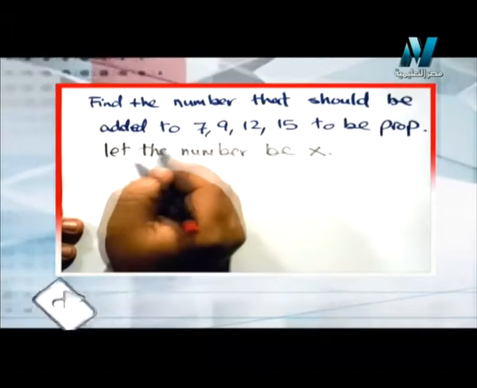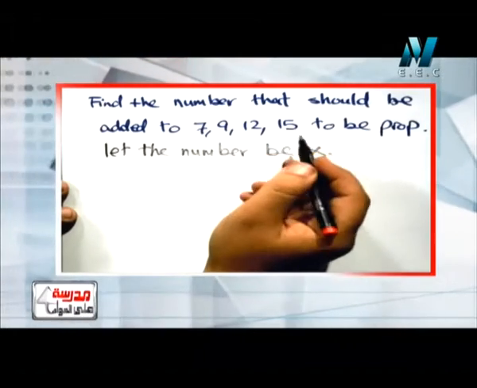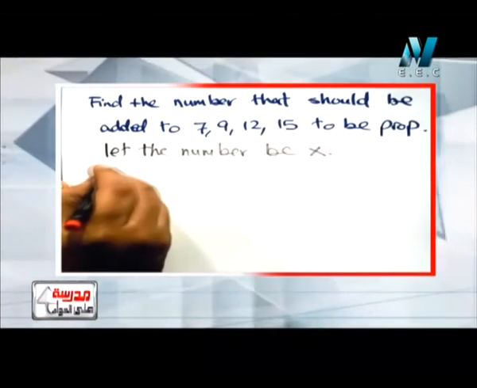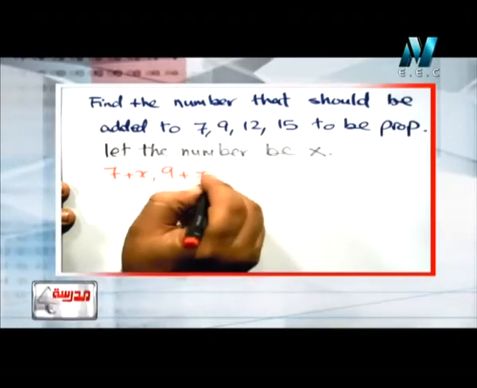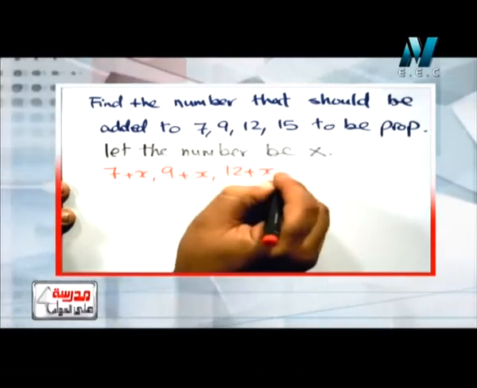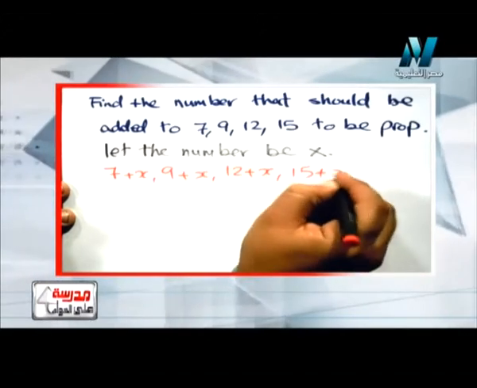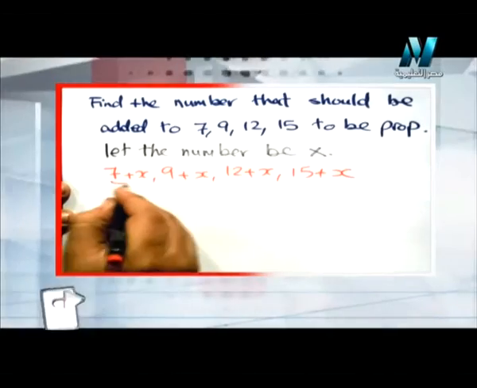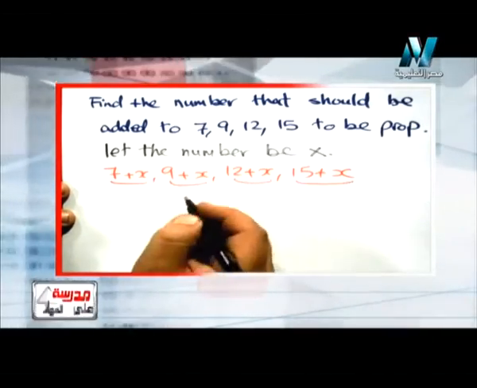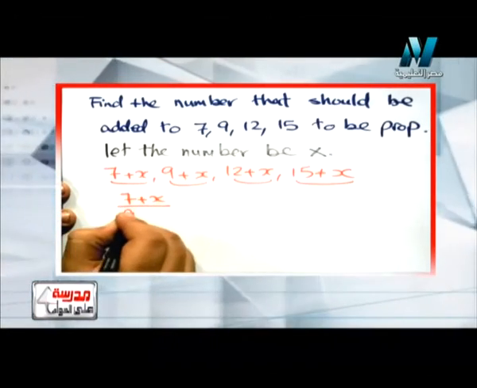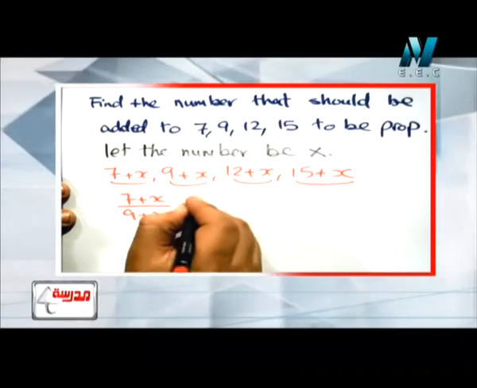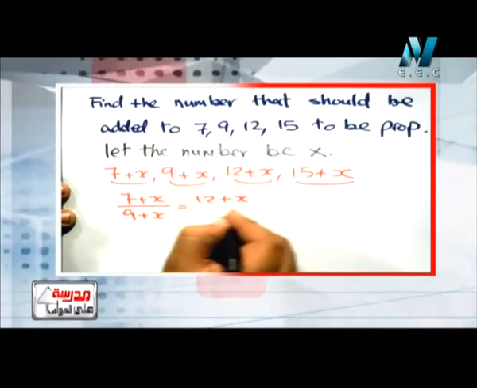If we add it to these numbers, I'm going to form a proportion. So if we have 7 plus x and 9 plus x, 12 plus x, and 15 plus x, this is a proportion of 4 parts. So I can write this as 7 plus x over 9 plus x equals 12 plus x over 15 plus x.